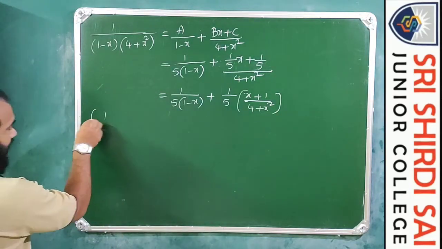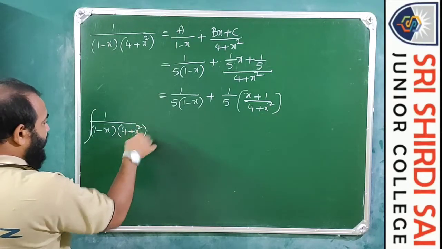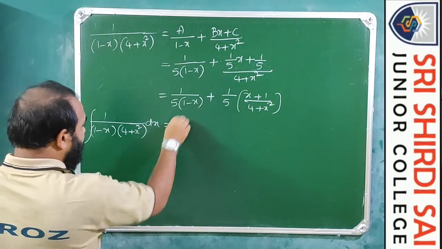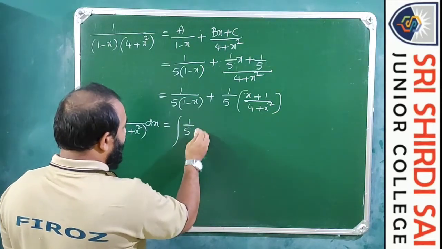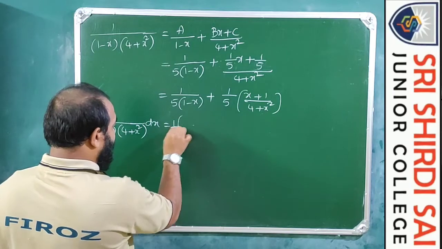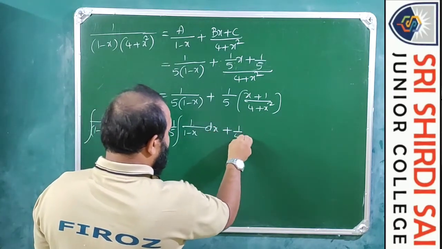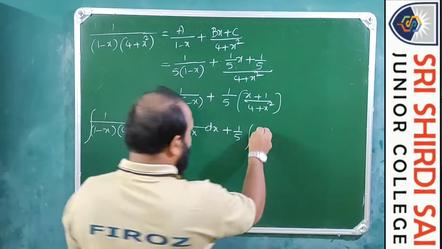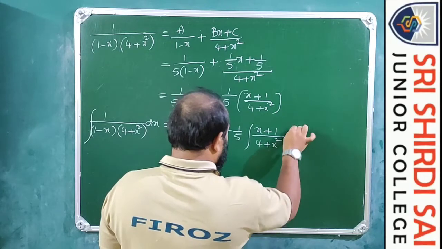Now the integral of 1 by (1 minus x)(4 plus x square) dx is the integral of 1 by 5, which I will separate out from the process of integration, 1 by 1 minus x dx plus 1 by 5 integral of x plus 1 by 4 plus x square dx.